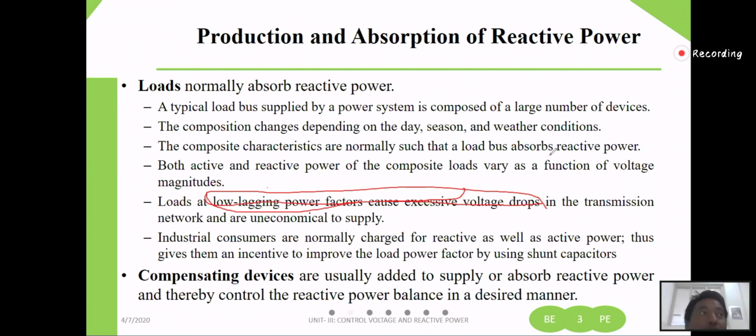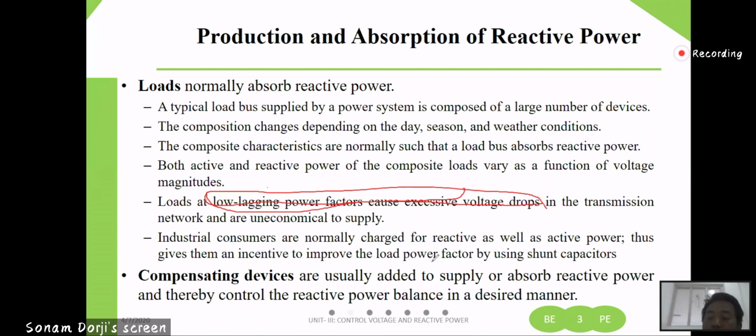So that's why industrial consumers are normally charged for reactive power as well as active power, and they are given some incentive to improve the load power factor by using shunt capacitors.